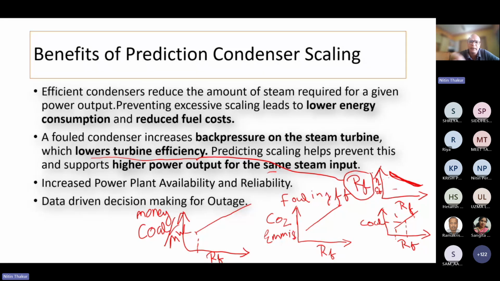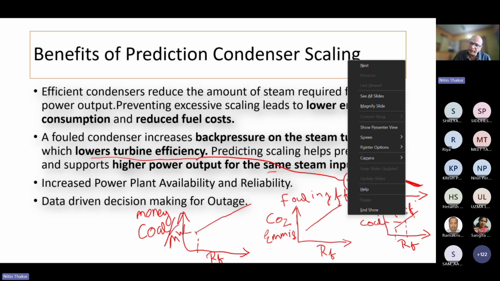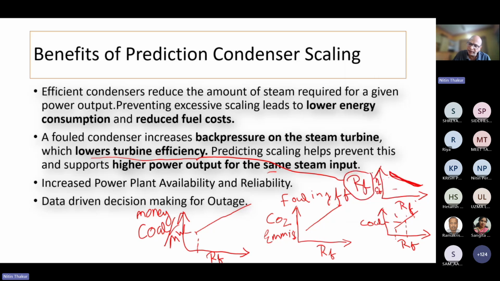Well, we are getting this platform where all of you are chemical engineers, and for me it hardly took half an hour to explain what the scaling is and what the impact of the condenser scaling is on the coal consumption to make 1 megawatt of electricity.